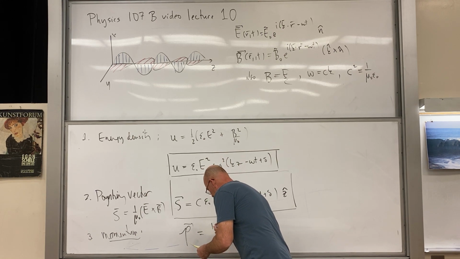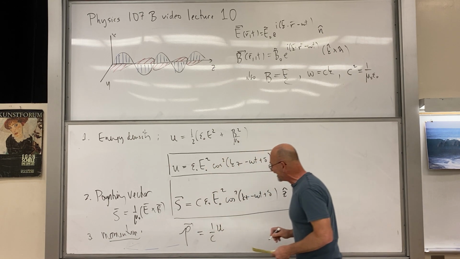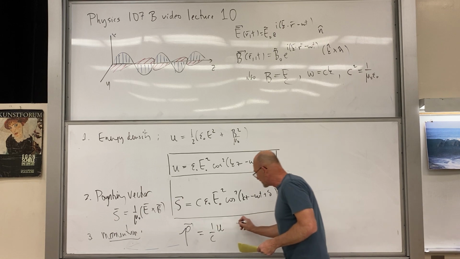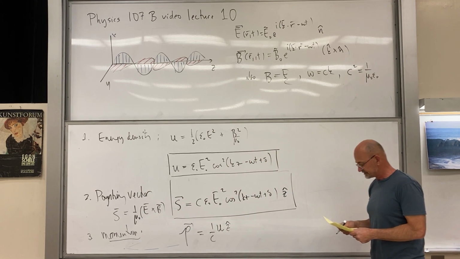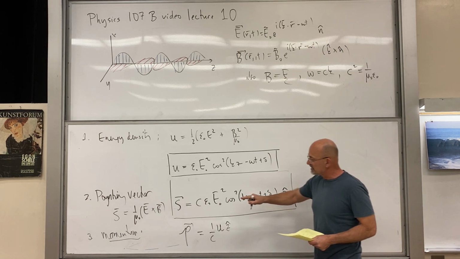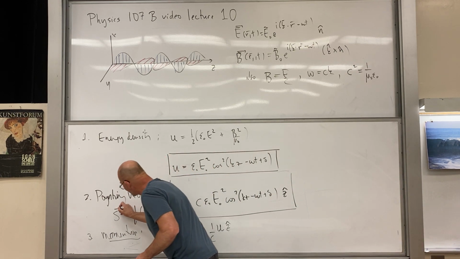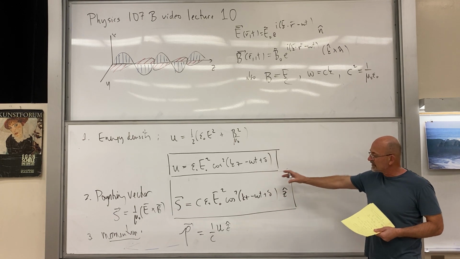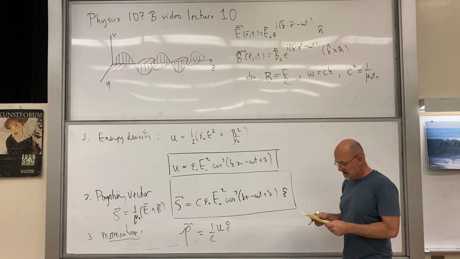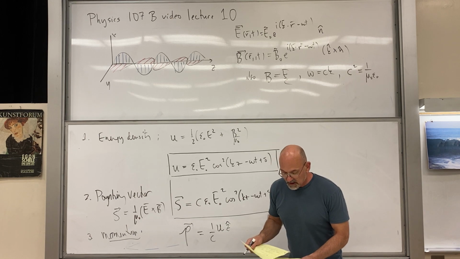And we can express it in terms of the energy density, but it's a vector, it's also in the z hat direction, because it's actually defined in terms of S. This is S vector. So momentum and this energy flux, of course, are in the same direction.